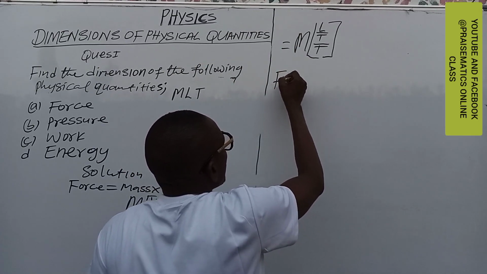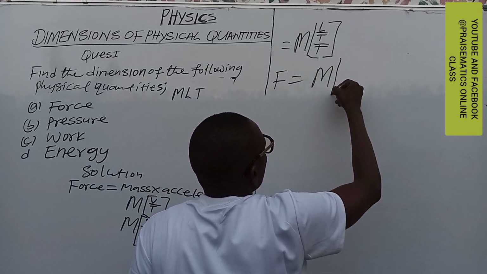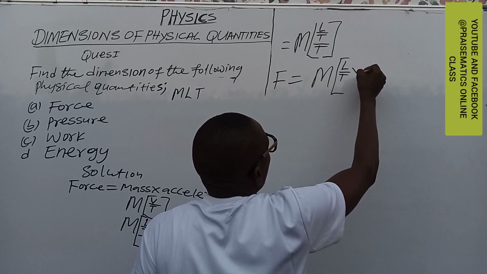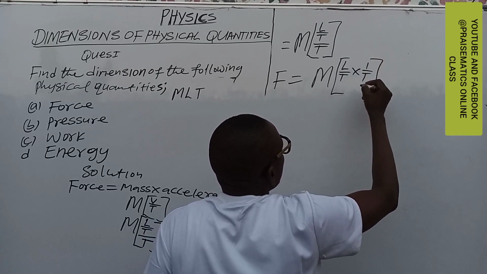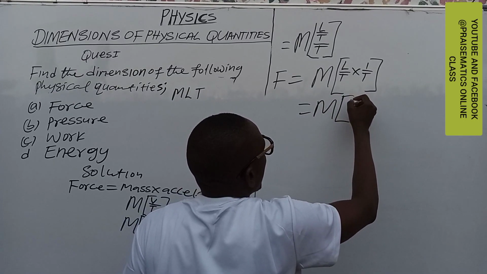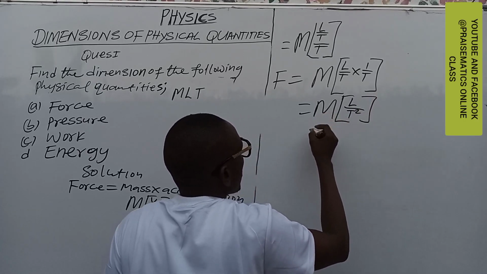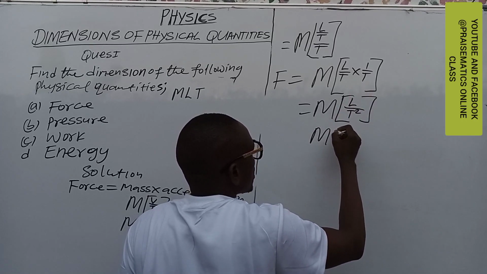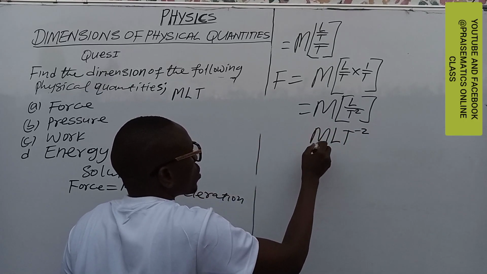Force is equal to M into L over T, multiplied by the inverse, which is 1 over T. Close it. Now this is equal to M into L over T squared. Finally, M, this T will go up, which is now L times T raised to the power minus 2.